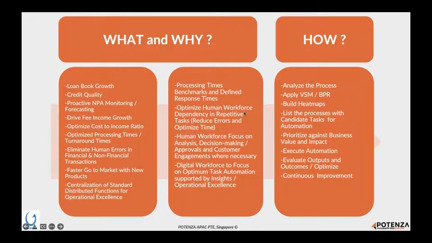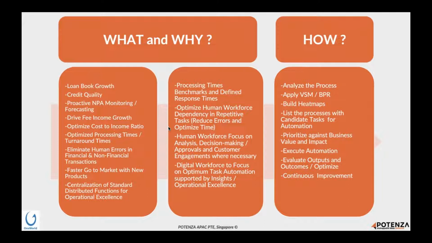Proactive NPL monitoring and forecasting, driving fee income growth. Also looking at how we could further improve your cost to income ratio. It's a very important KPI for a bank. And also optimizing processing times and turnaround times, and of course eliminating human errors in financial and non-financial transactions.